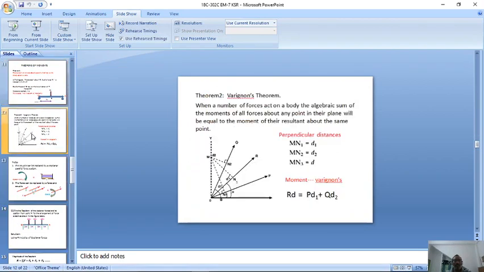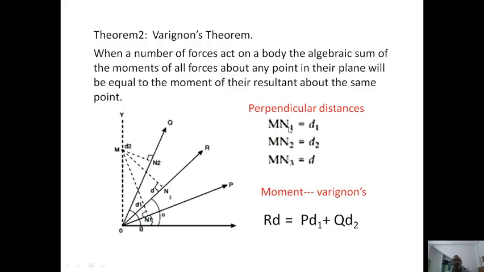And the second theorem is Varignon's theorem, which states that when a number of forces act on a body, and we have already found the resultant of the same forces, then the resultant times the perpendicular distance about any point is equal to the sum of the moments of all the other forces about the same point.